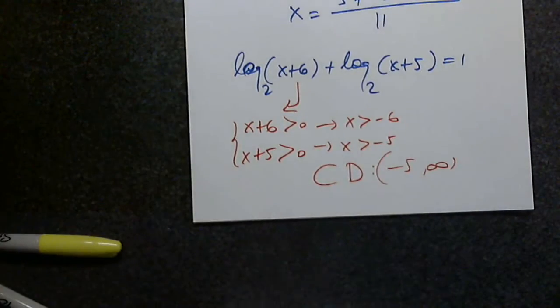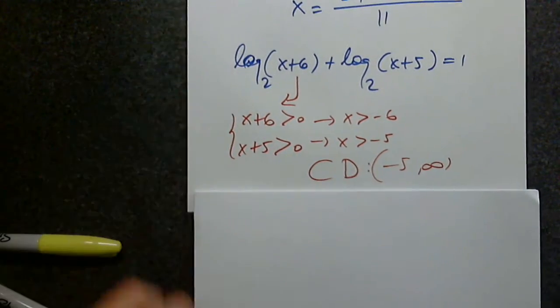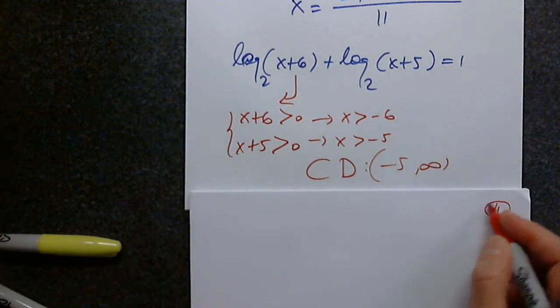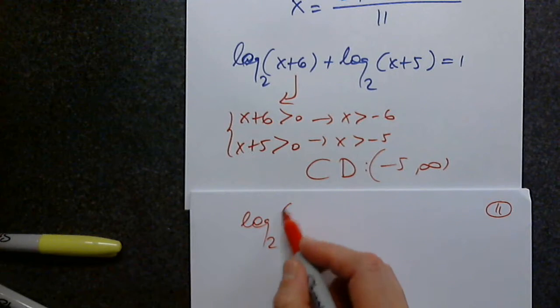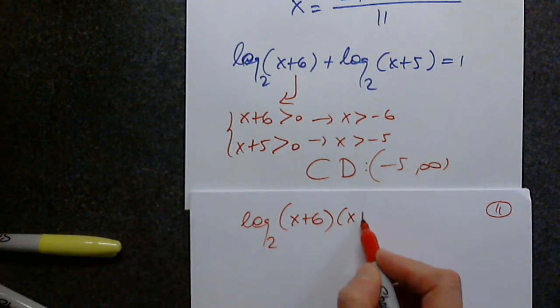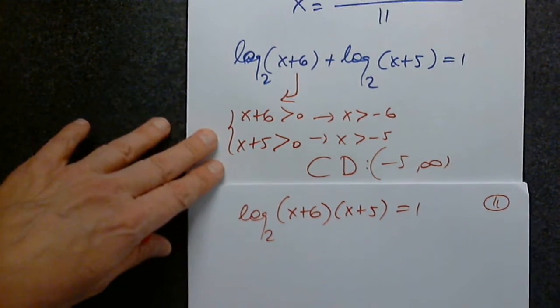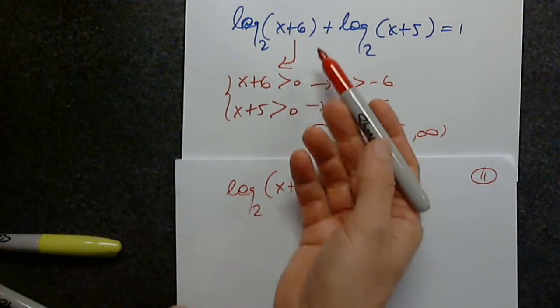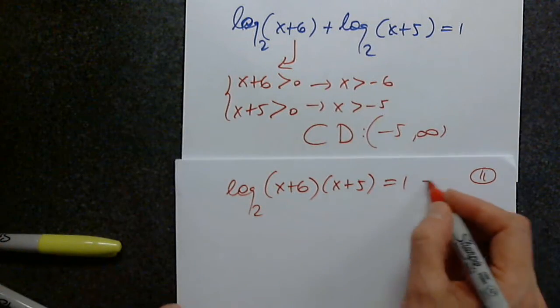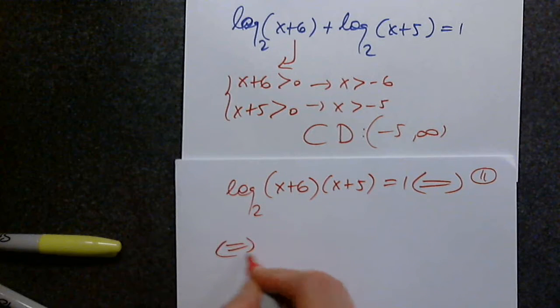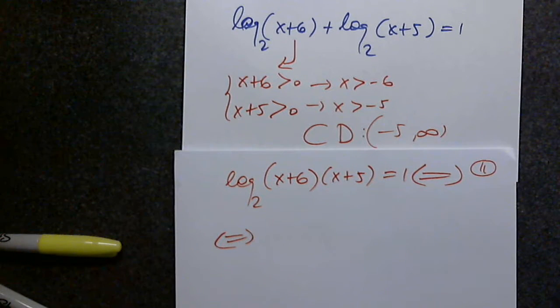Therefore, now I'm ready to condense. So let's condense the left-hand side. How do I condense the left-hand side? Yes. X plus 6, x plus 5 equals 1. Very good. Log of a product is the sum of logs. Excellent. So now this is equivalent to an exponential equation. Now, which exponential equation is that?